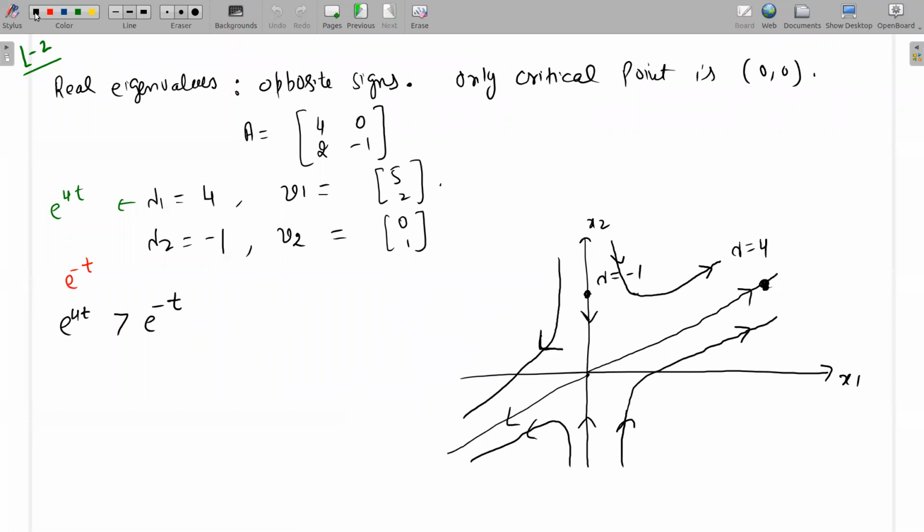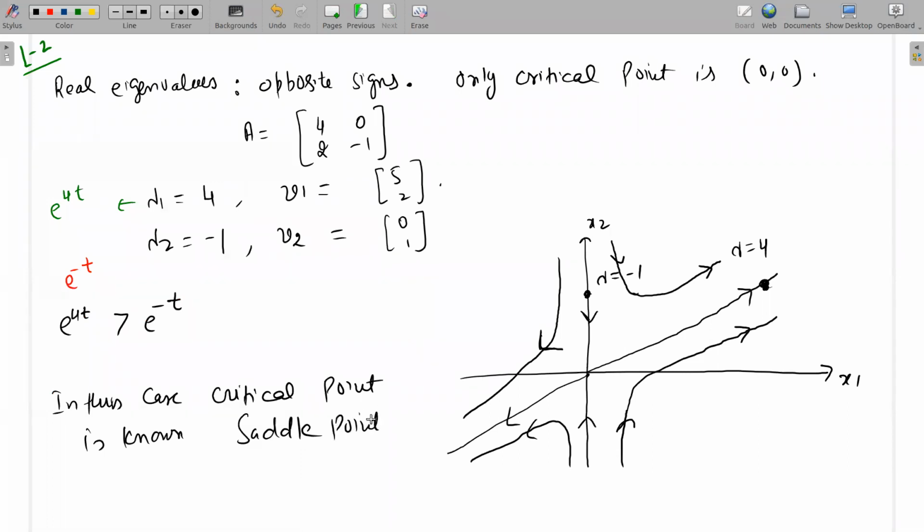And when you have opposite eigenvalues, in this case the critical point is known as a saddle point. So this is the critical point, the origin.